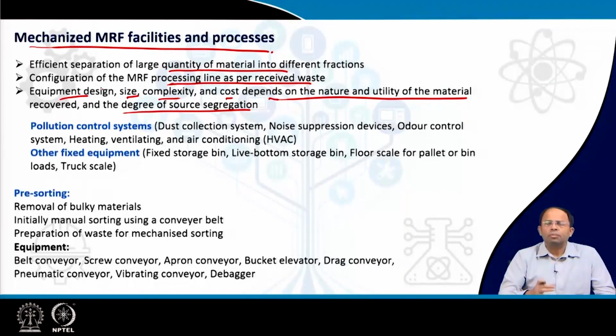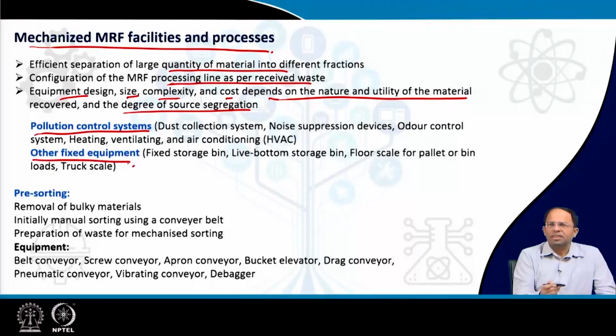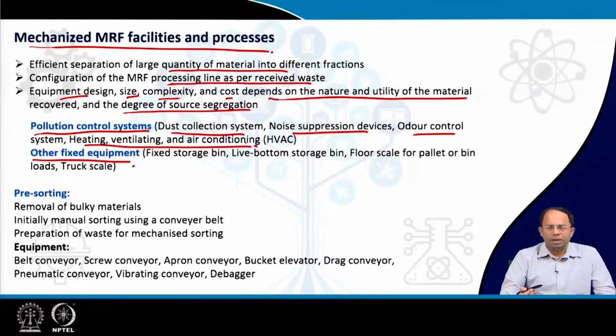So in addition to the facilities required for segregation and all, this kind of facilities have got pollution control systems and also other kinds of fixed equipment. Now, what are these pollution control systems? Dust collection system, noise suppression devices, because it's an industry, a lot of noise happens. Then odor control, heat, HVAC systems, climate control, all these things are required, right?